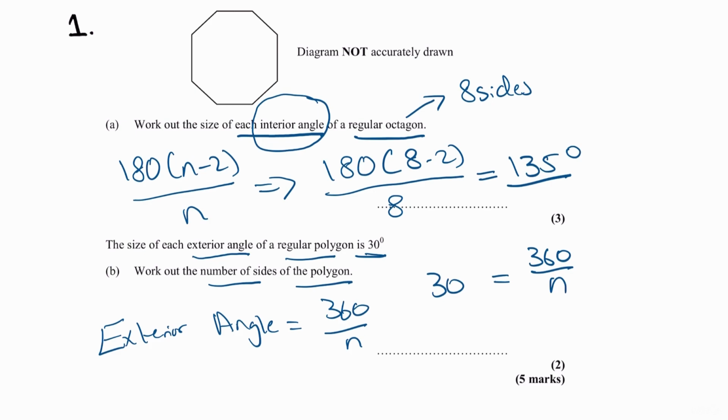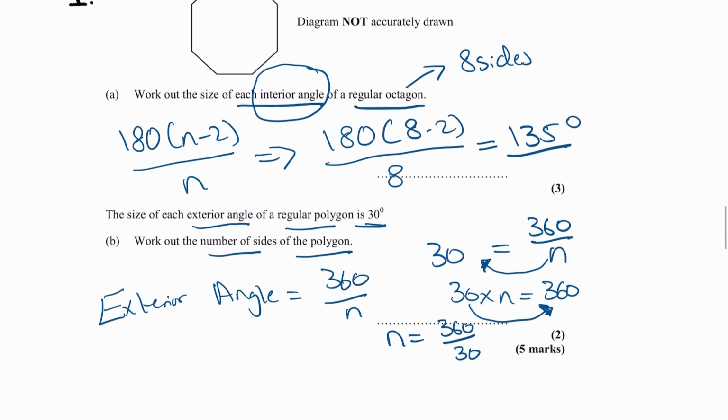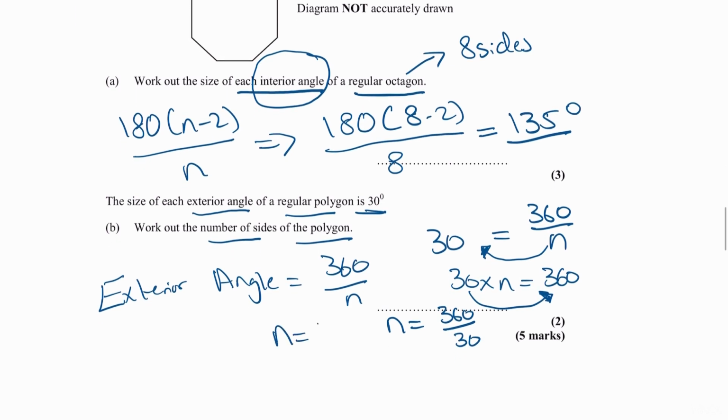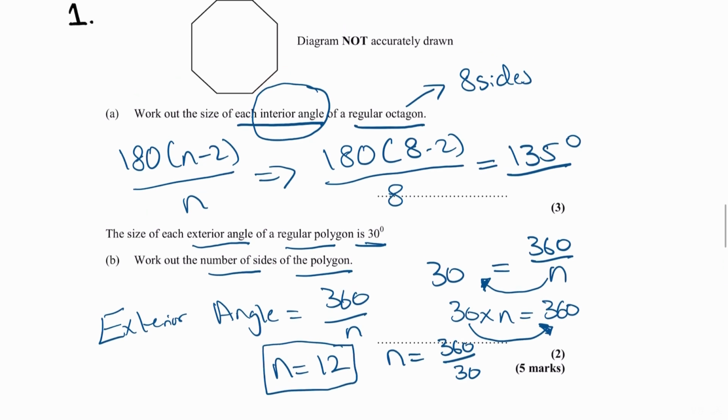And if you rearrange by moving the n to this side, we get 30 times n equals 360. And then you move the 30 over to the other side, we get n equals 360 divided by 30, which gets us n equals 12, which is our final answer.